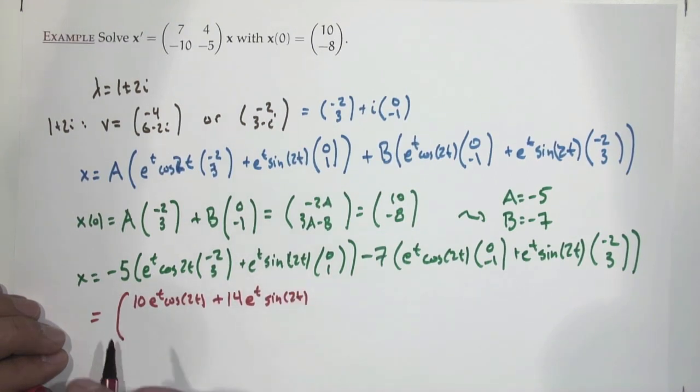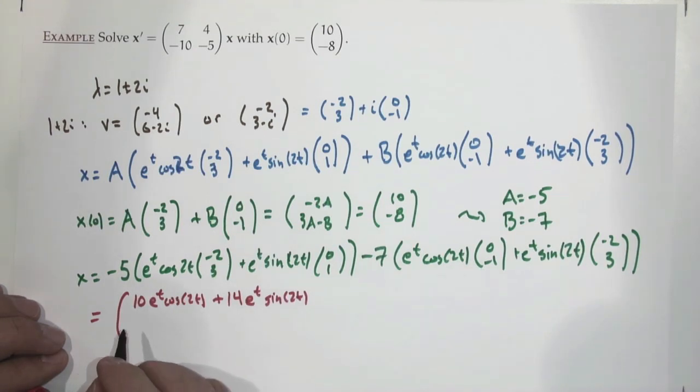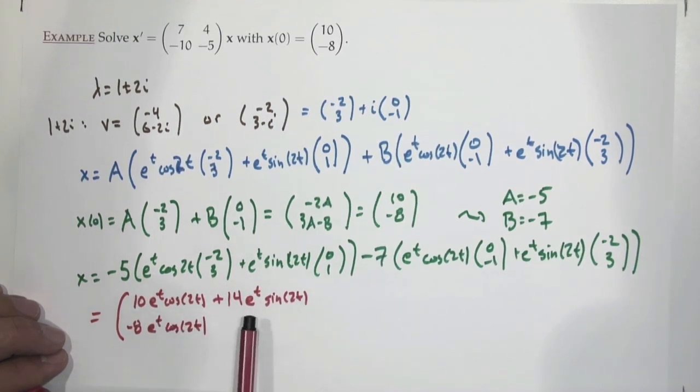Downstairs, what's going to be in the e to the t cosine 2t? You have minus 15 here, plus 7 there. Together they give you minus 8. How about e to the t sine 2t? Here we have minus 5. Here we have minus 21. Together, minus 26.